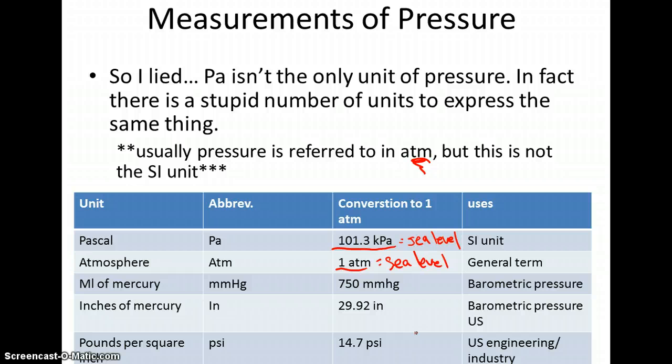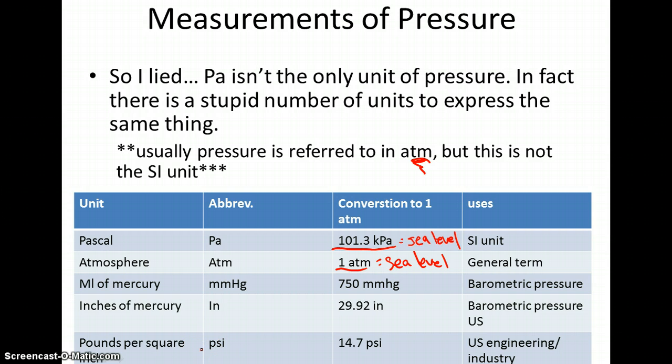In industry, engineering, mechanics and things like that, they tend to use pounds per square inch, which is represented as psi. If you're a scuba diver, you recognize this as a measurement of pressure for tanks. If you own a car, you should recognize this as the pressure in your tires.